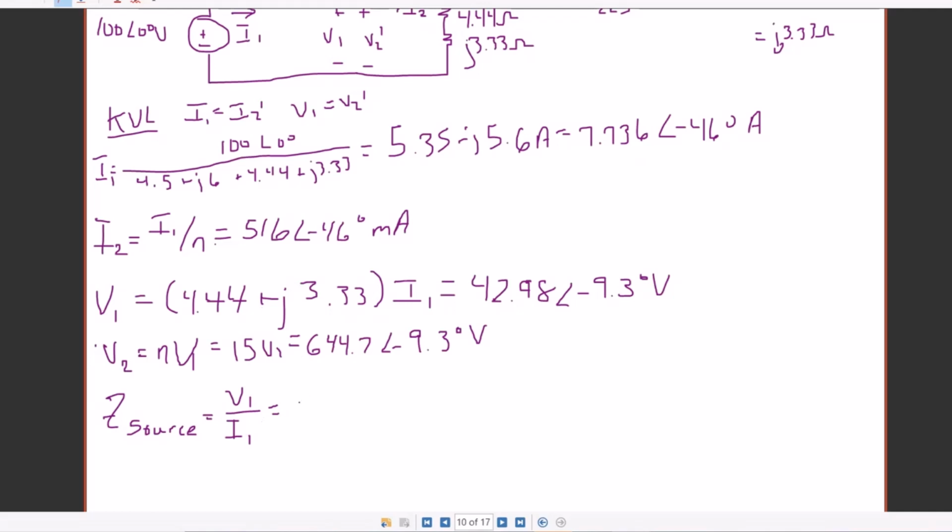But since we have the reflection here, we know that this impedance just ends up being 4.5 plus 4.44 plus J6 plus J3.33. So the impedance seen by the source is 8.944 plus J9.33 ohms. Okay, any questions?